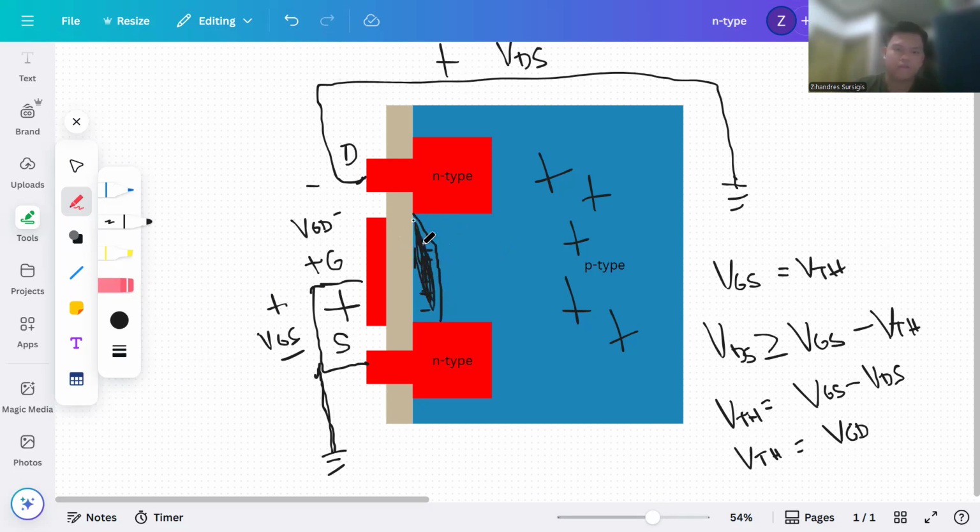So this is what you call the pinch-off condition. This equation right here is our pinch-off.